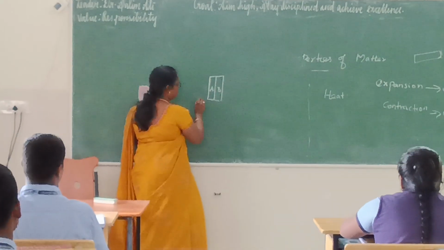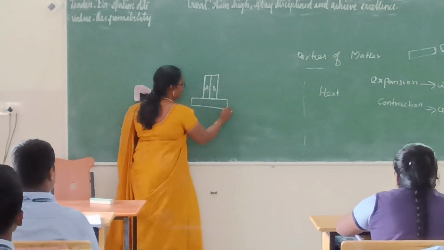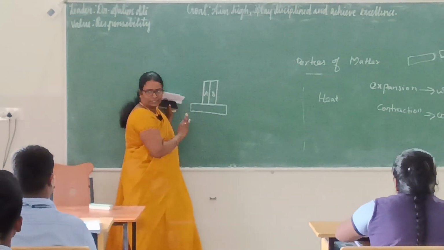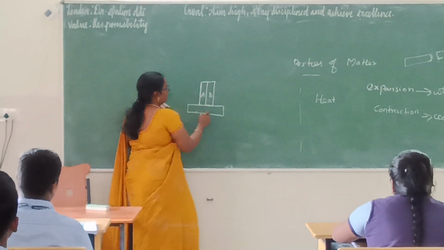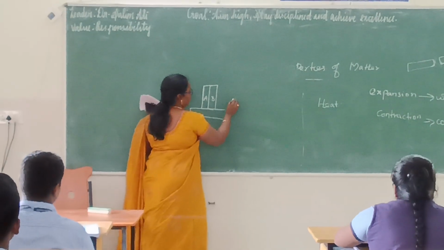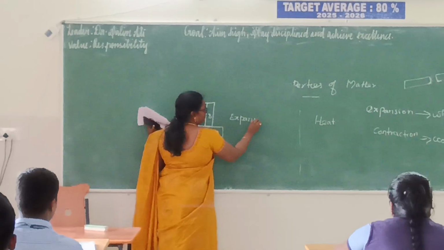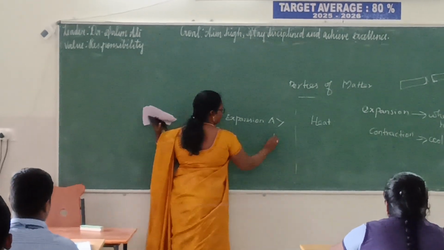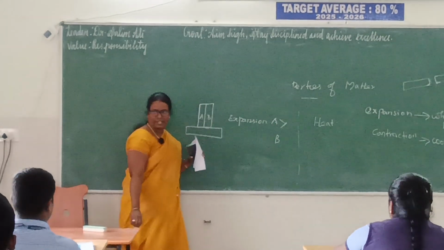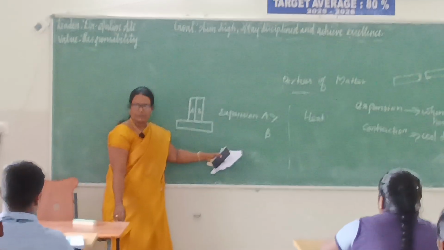The first one is A and the second one is B, held together and mounted on a rigid fixed table. The thermal expansion coefficient of A is greater than the expansion coefficient of B. Okay, clear?